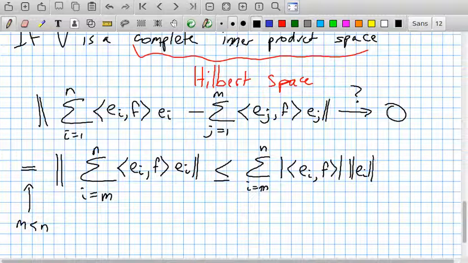And hey, wait a moment here. This is an orthonormal basis, so those are all 1. You look at this using the Cauchy-Schwarz inequality, and you say, look at this, well, this doesn't look like this has got any hope of converging.